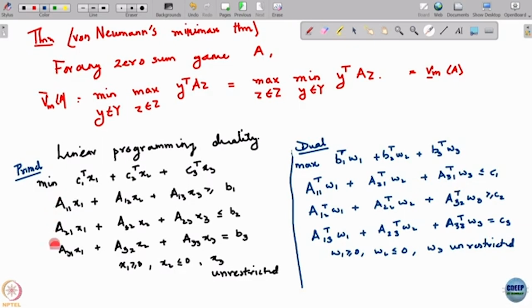It is as if this entire matrix here has been transposed and formed into a matrix here, right. Okay. There is also some relation between the signs of these x's and the w's. We can come to that if necessary.